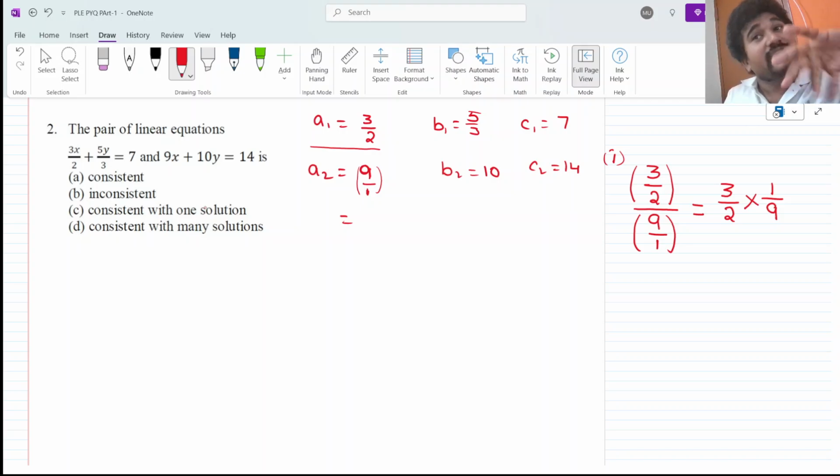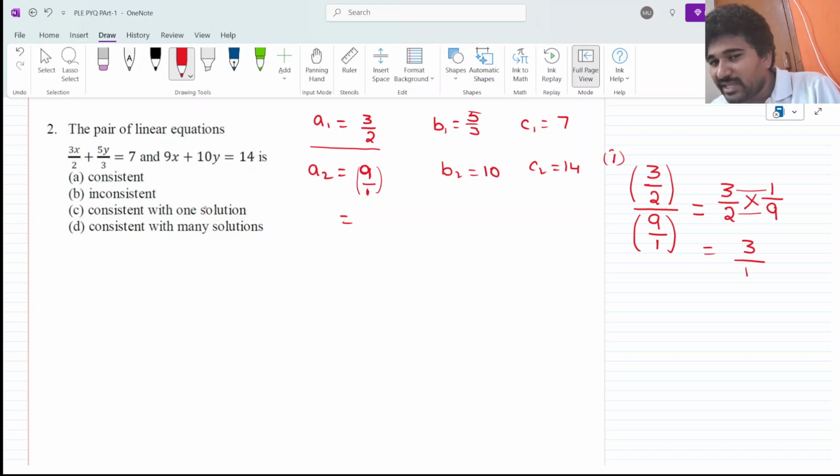Reverse 9 by 1 to get 1 by 9 and multiply. Now top with top, bottom with bottom. What will it become? 3 by 18. This is one way of doing.